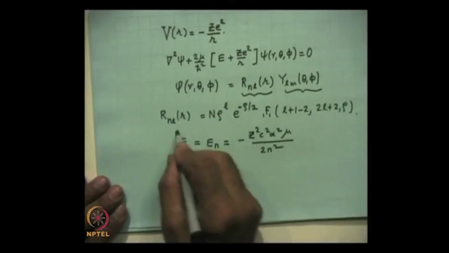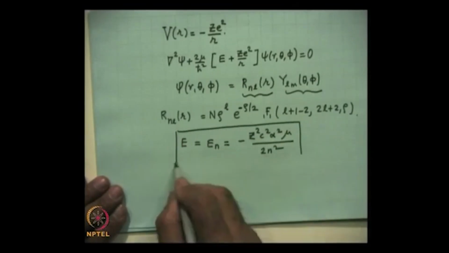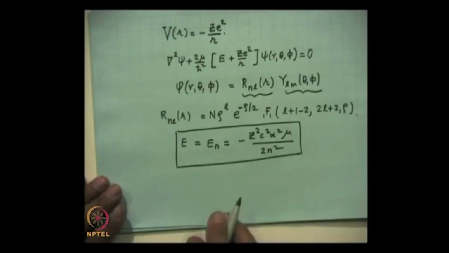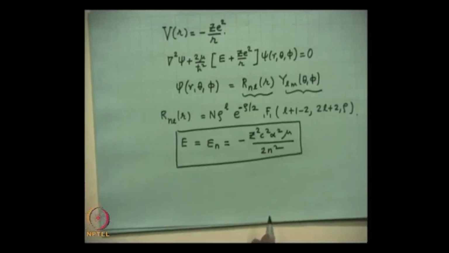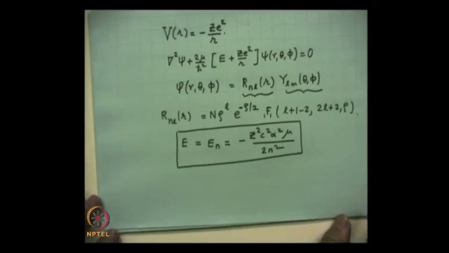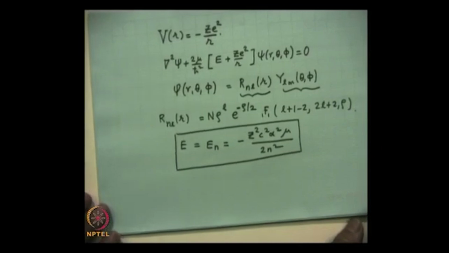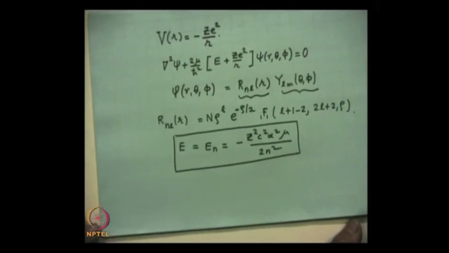These are the energy eigenvalues of the hydrogen like atom problem, and we discussed that you can use this formula to obtain the spectra associated with the hydrogen atom, deuterium atom, singly ionized helium atom, doubly ionized lithium atom, and so on.